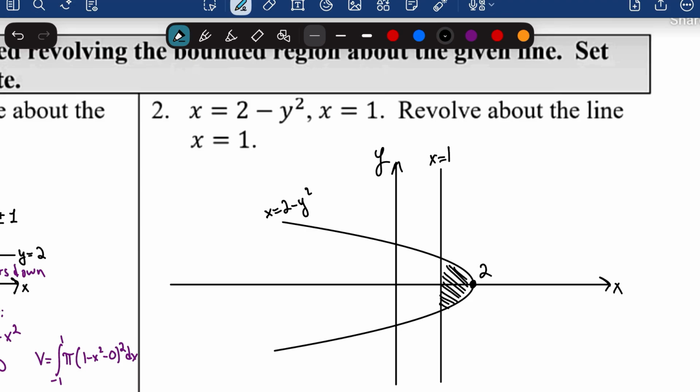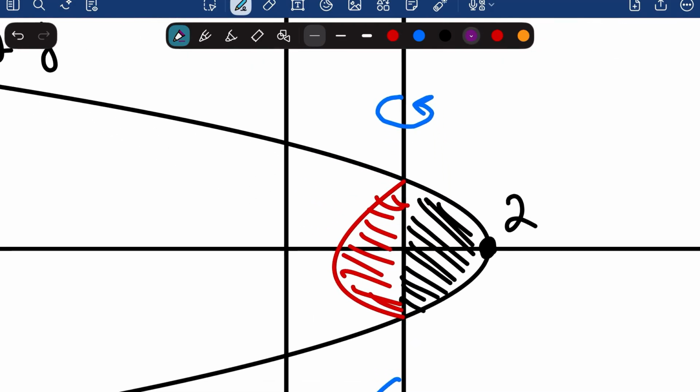And if I'm going to rotate it around x is equal to 1, exactly like a shawarma stick, it's going to look something like this. So more or less, you get the idea. It's turning around it. Let's zoom in.